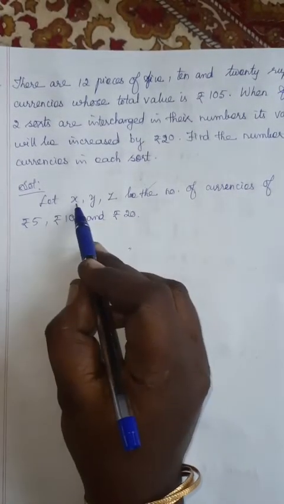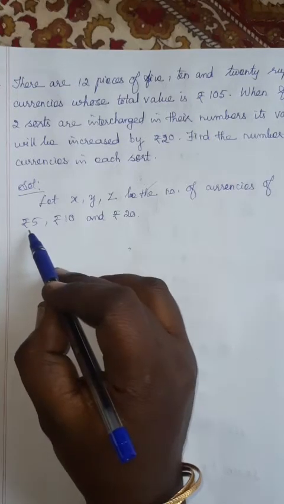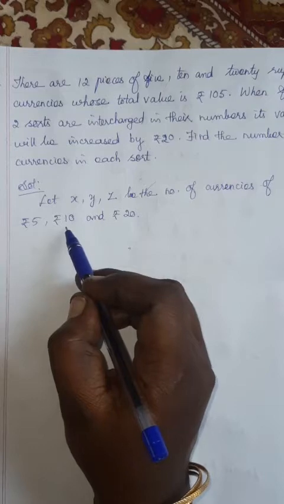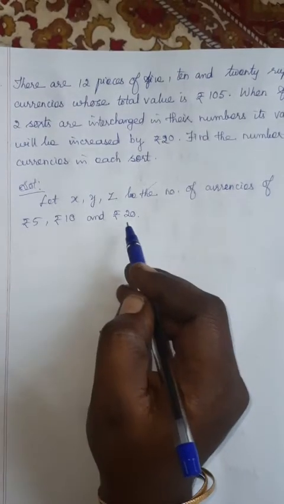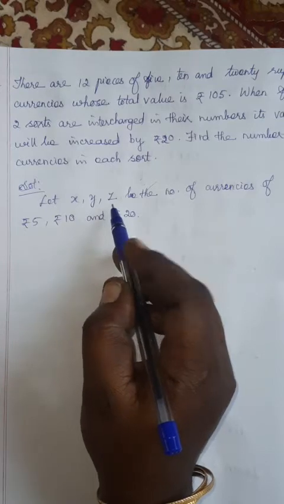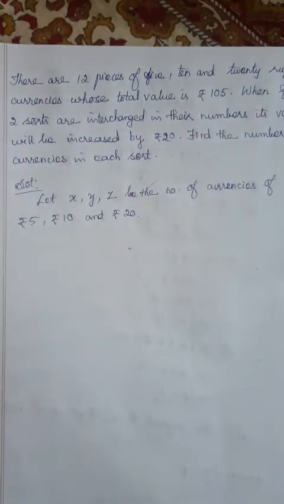So x is the number of 5 rupee coins, y is the number of 10 rupee coins, z is the number of 20 rupee coins. That is the meaning.